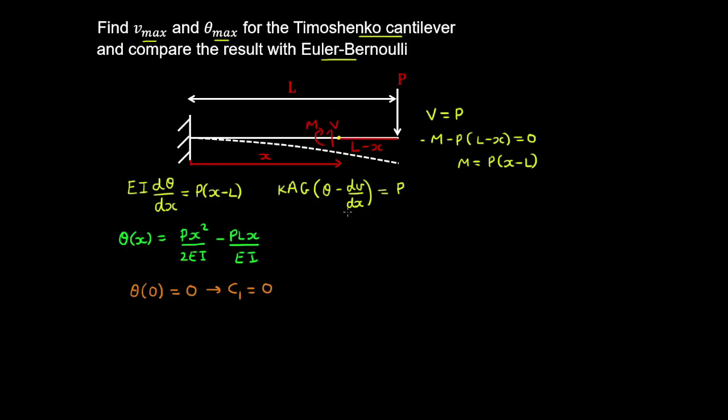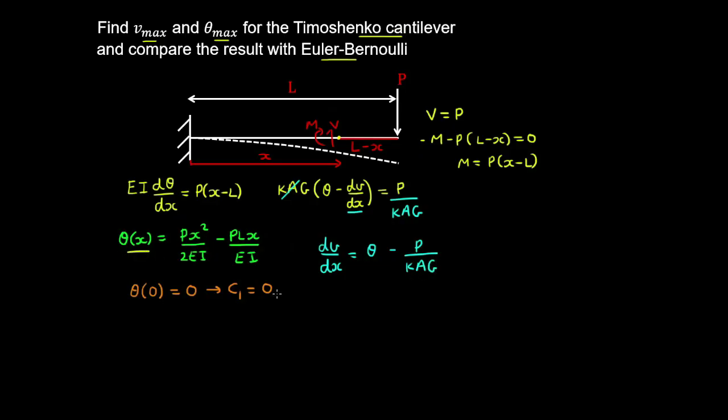And now we can rearrange this equation for dv/dx by dividing through by this term. So we obtain dv/dx is equal to theta minus P on kappa AG.